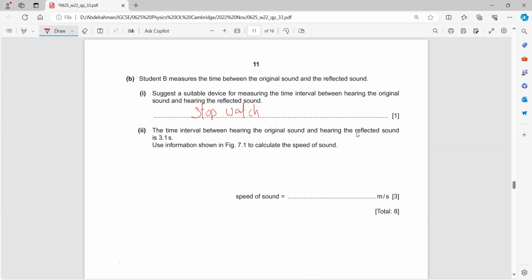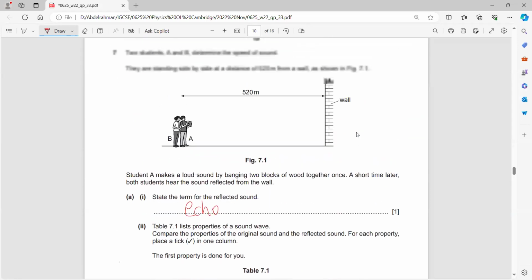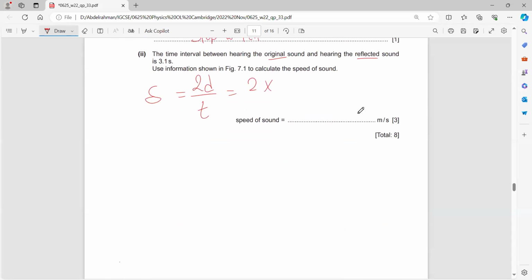It will be 2D over 3.1, so 2D over T, صح؟ ليه؟ علشان this is an echo. Reflected يعني time interval between hearing the original sound and the reflected. So whenever I have an echo I say speed equals 2D over T. يلا, 2 times the distance. What was the distance? 520, and the time is 3.1 seconds.